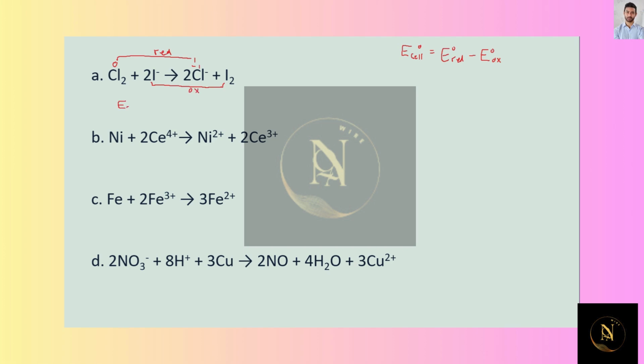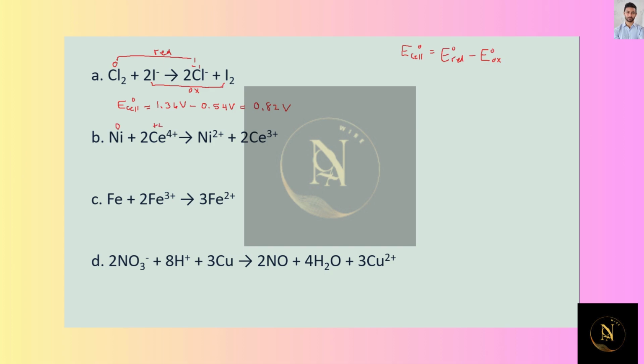So E cell is going to be the E reduction, and that's the chlorine. So you're going to need to look up your chlorine value on your reduction table, which is going to be 1.36 volts, minus the oxidation, which is the iodine, which is 0.54 volts, to give an E cell of 0.82 volts.